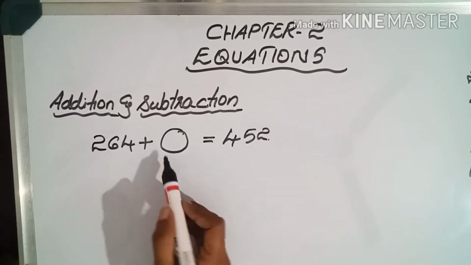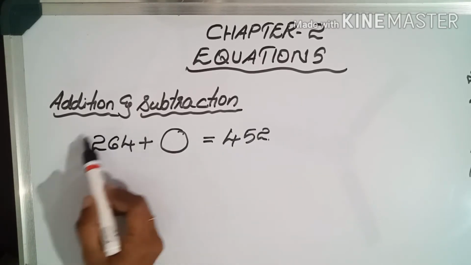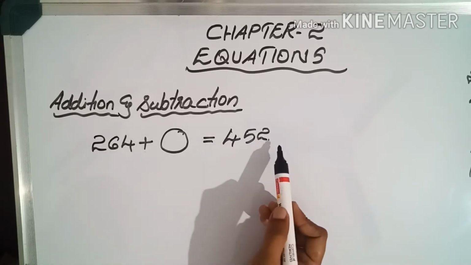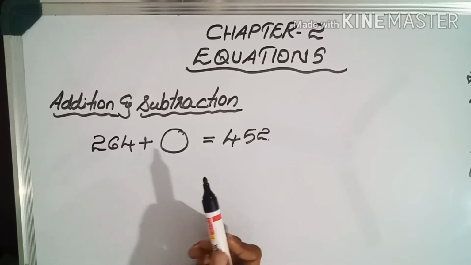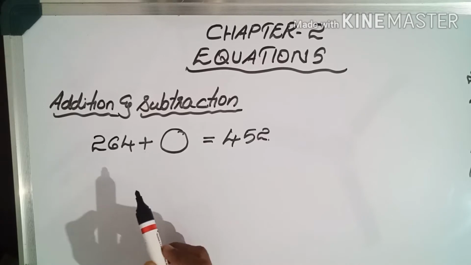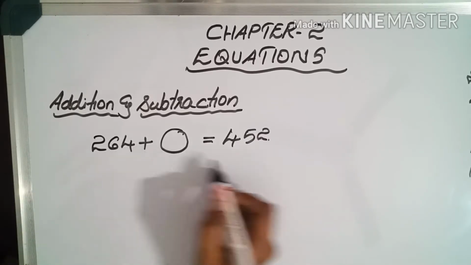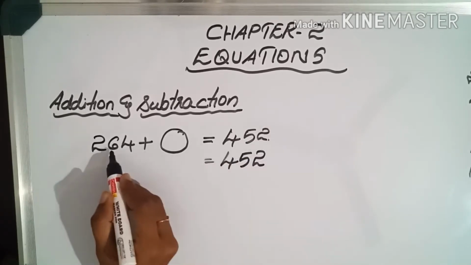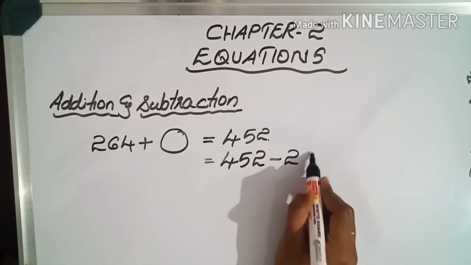That is a question. So in order to find here, same like the previous case, here 264 is a positive number. So 264, as it is positive, comes to this side, it will be minus. Just reverse. Okay, reverse sign. Positive's opposite is negative. Negative's opposite is positive. So here answer will be 452 minus 264.